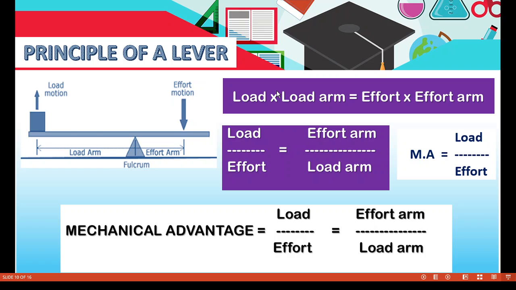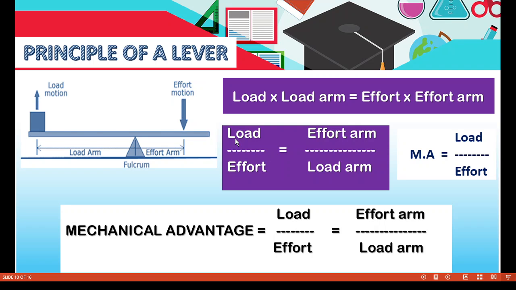So this equation can be rearranged. How is it rearranged? Look carefully. Here the load is on the left hand side. This is the center part, that is the equal symbol. So this is your left hand side, this is your right hand side. The load is on the left hand side and the effort on the right hand side. When effort comes to the left hand side, it comes to the denominator.